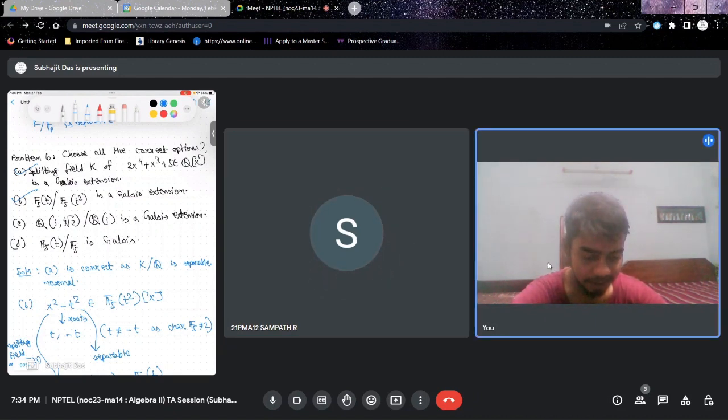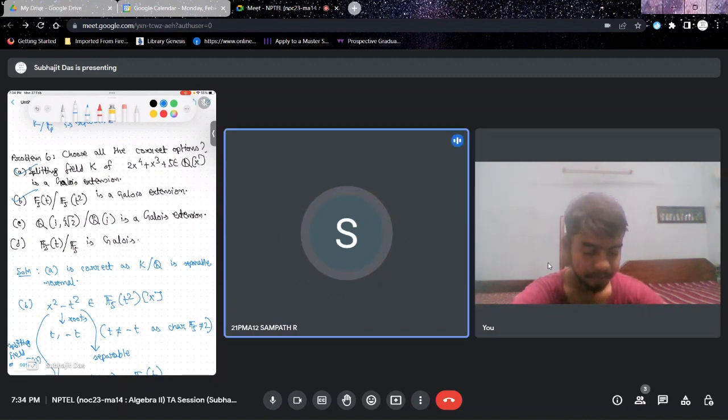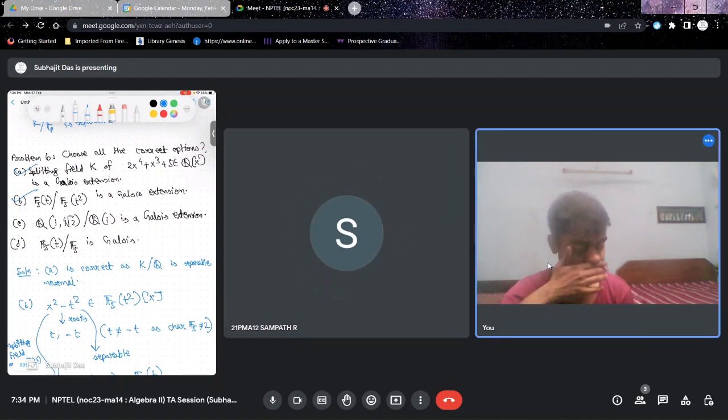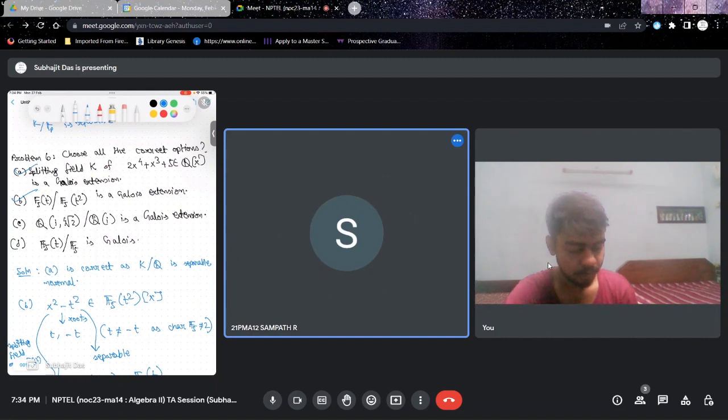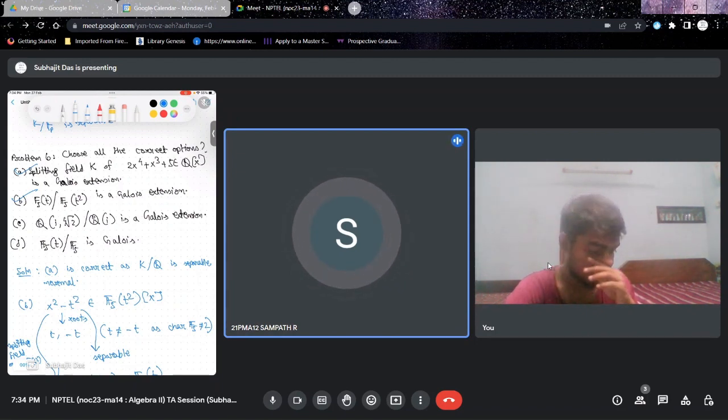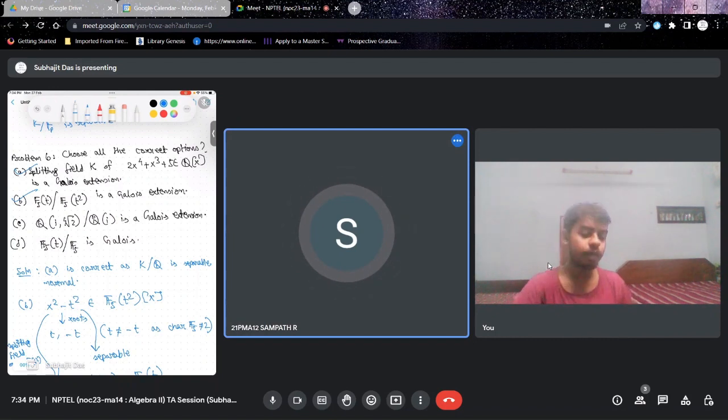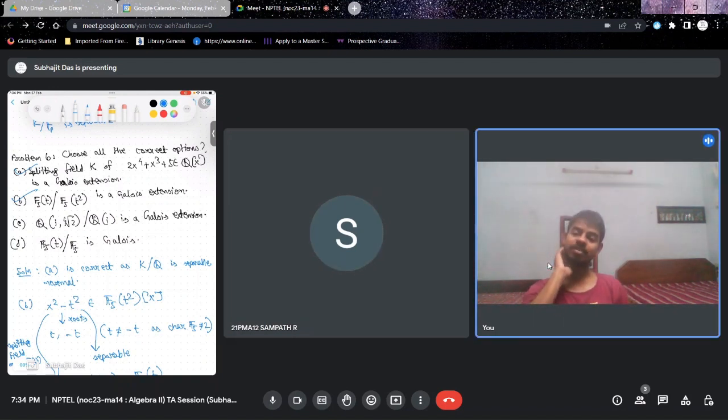So why is C correct? No, so can you find a separable polynomial over the base field which has this particular extension as a splitting field? We indeed saw this, right?